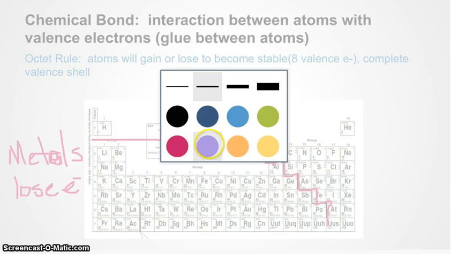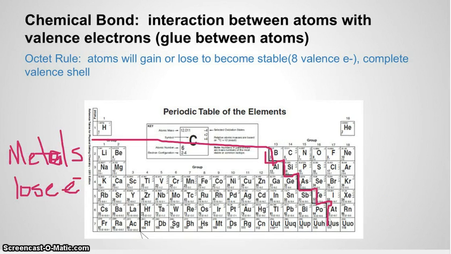All right, and nonmetals all the way over here to the right of our staircase, including hydrogen, is considered a nonmetal. Nonmetals will gain electrons. And the reason they do that is that they have a high electronegativity.